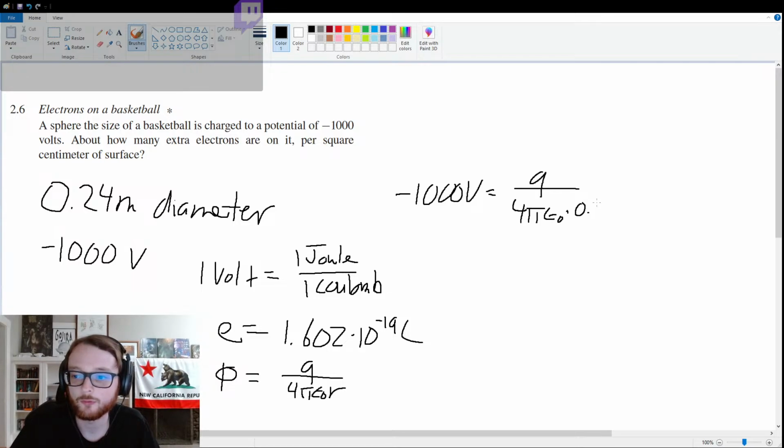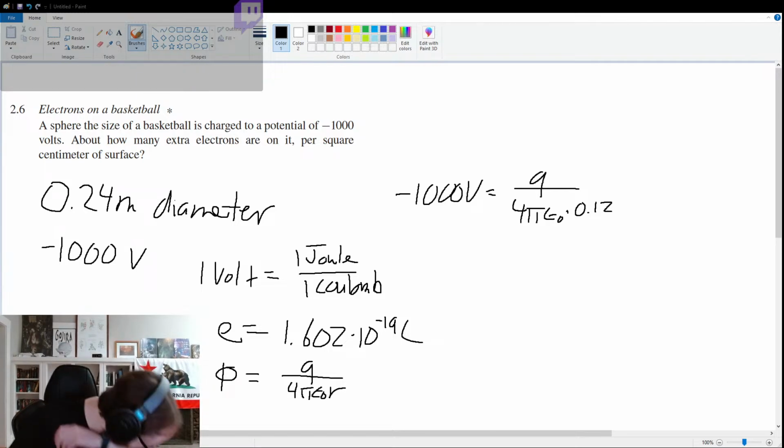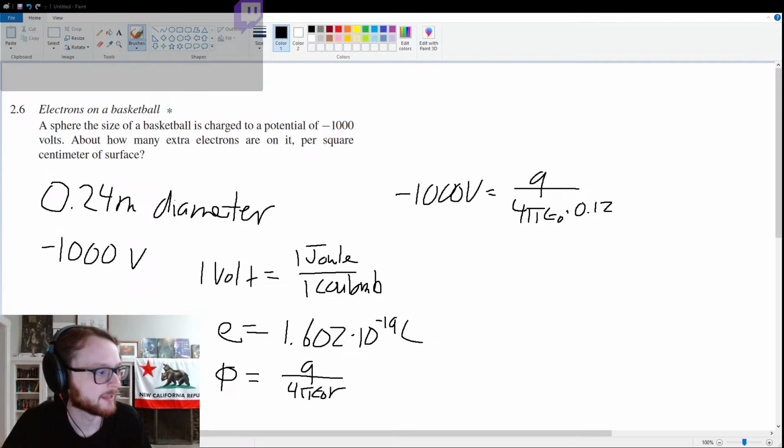So yeah, 0.12 meters. So take minus 1,000, multiply it by those. We need to know epsilon naught is the issue. Or we can divide by k, I guess. I don't know what k is either. I need to go back to chapter 1. Found it.